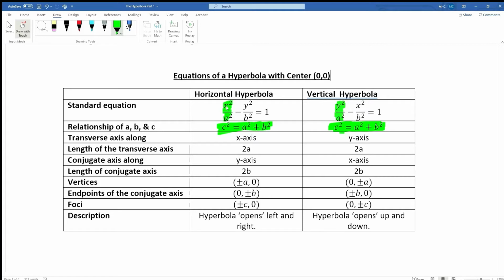In this case, x squared is positive, so the main axis is along the x-axis. And in the case of the vertical hyperbola, y squared is the positive term, and so your main axis is along the y-axis. And that's the main things that we want to think about geometrically when it comes to the hyperbola, graphing them and working on their equations.